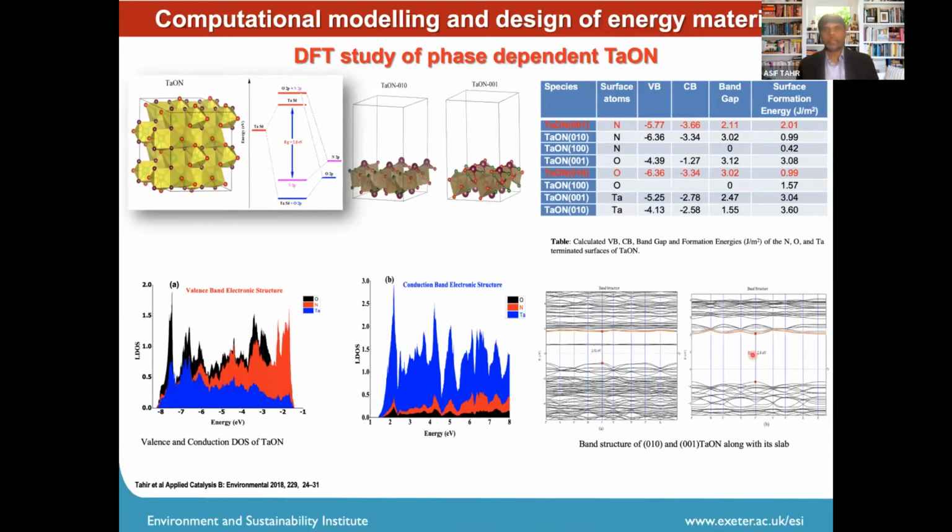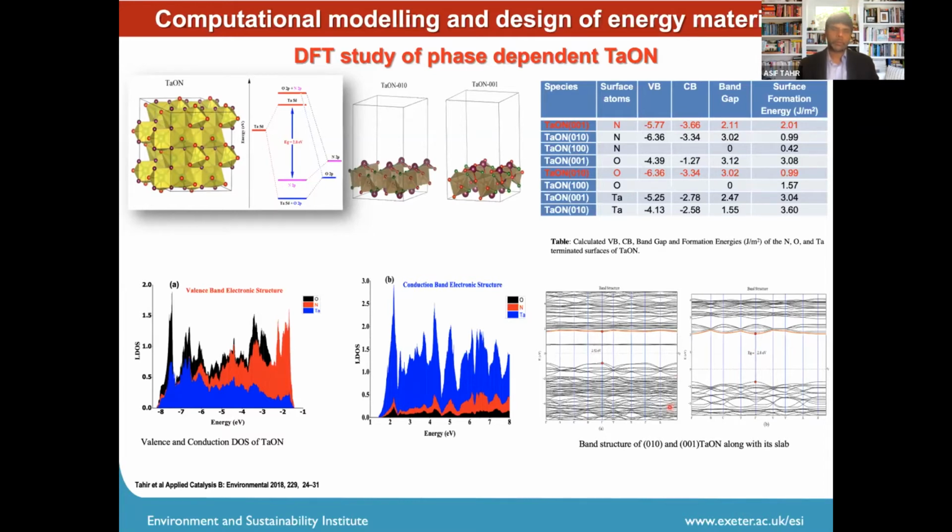So one example is tantalum oxynitride and tantalum nitride, which are potential materials for water splitting, and they have the right band gap and band edge positions, as we have seen from Professor Domino's work, that they have done a lot of substantial work on the optimization of these tantalum nitride and tantalum oxynitride materials.